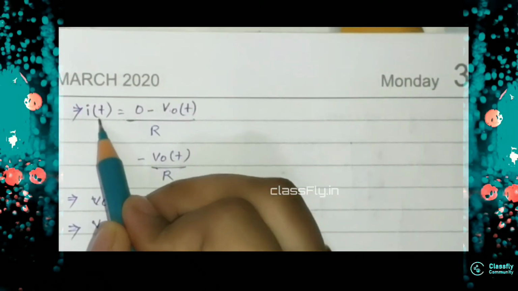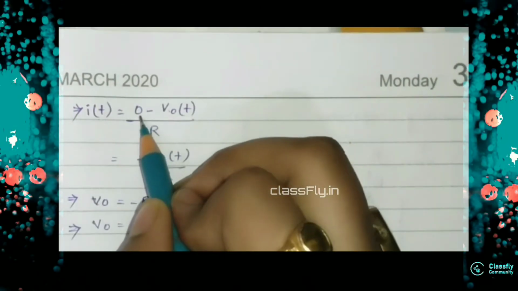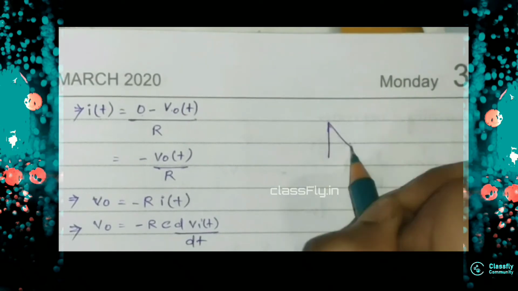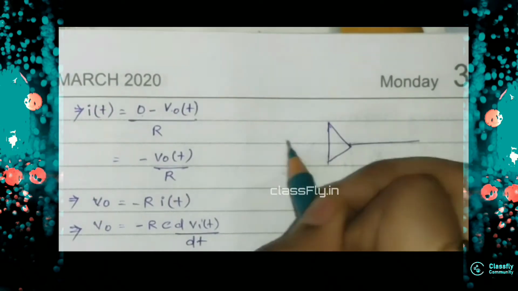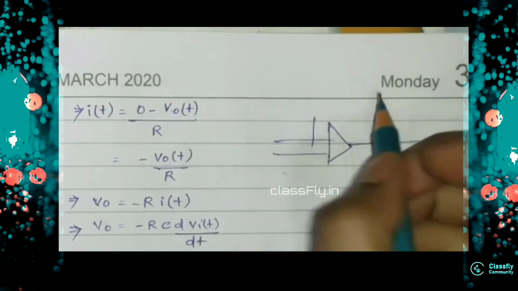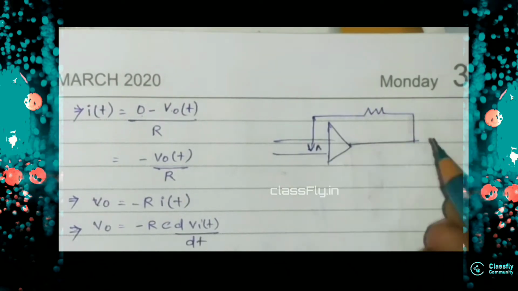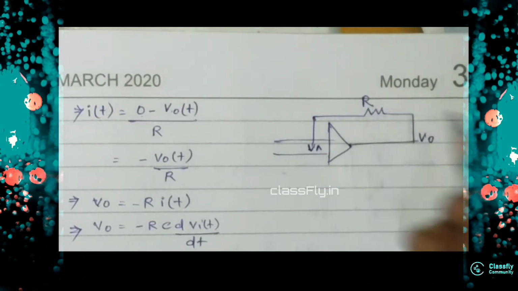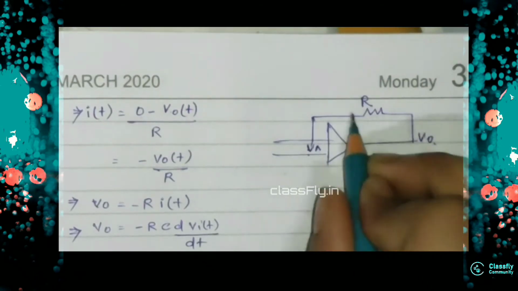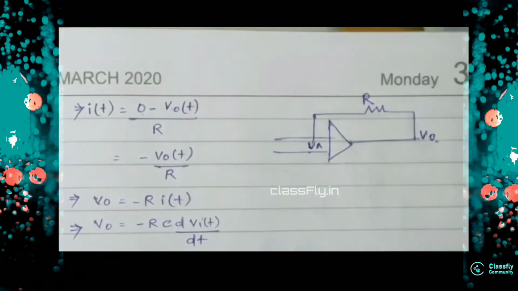Now see, in the I(t) part, it will be 0 minus V0. In the circuit it is like this, right? So it will be VA, V0 here, and this is the R. So VA minus V0 by R. That is the KCL, right?